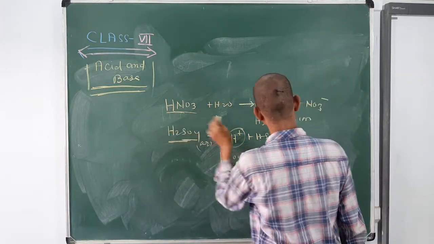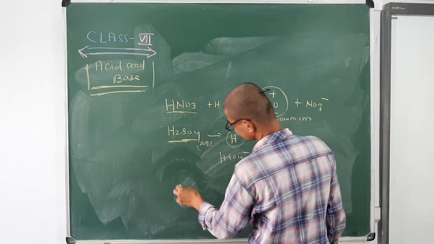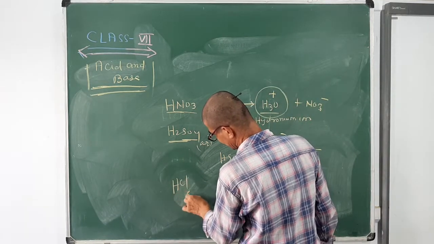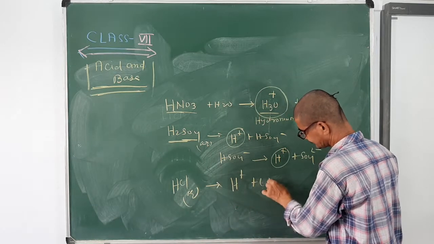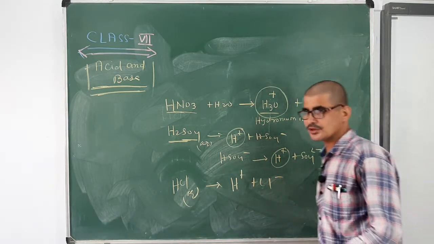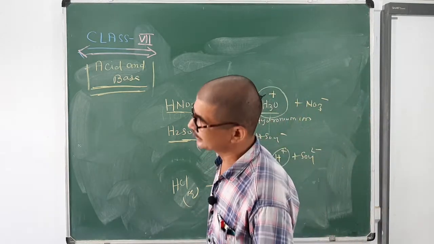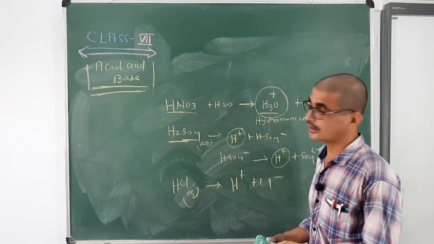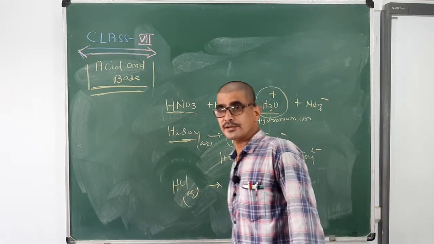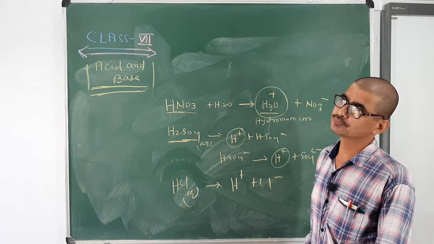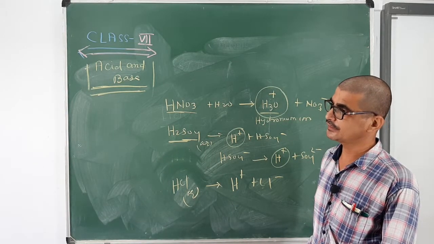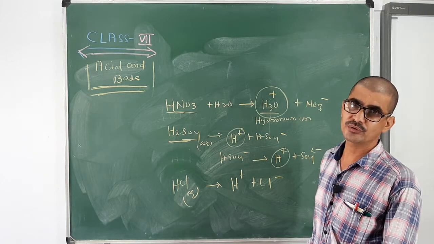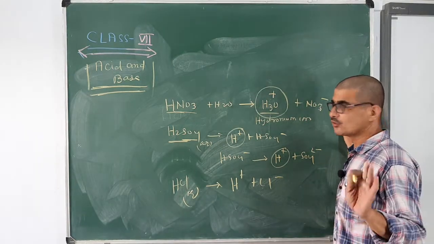Nitric acid gives one replaceable hydrogen ion. Hydrochloric acid in aqueous solution also gives one replaceable hydrogen ion. So those substances which give replaceable hydrogen ion in aqueous solution are called acid, and acid turns blue litmus to red. This is the way for testing the acid, and it is sour in taste. You know these things. These are common things.